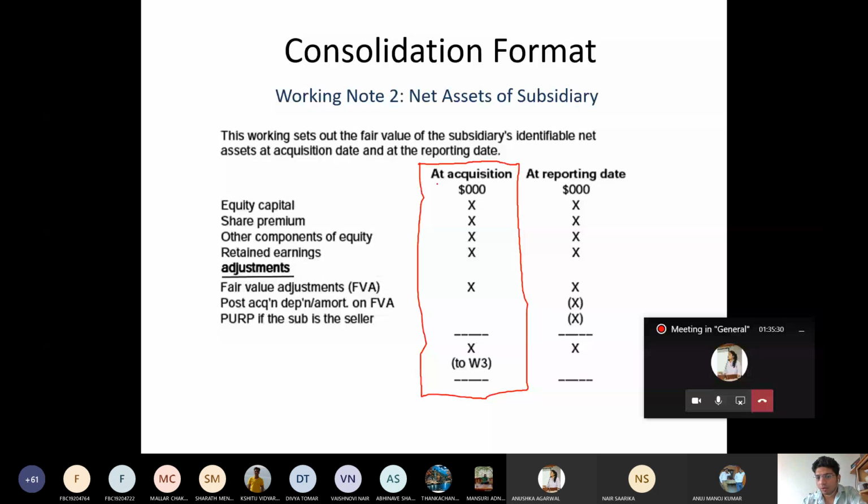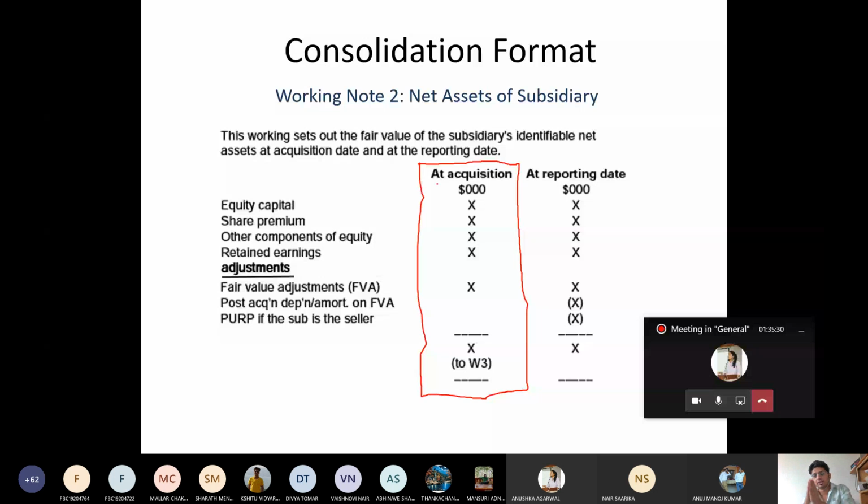Now the difference between these two figures, the valuation of subsidiary company at reporting date and valuation of subsidiary company at acquisition date, will give me the post-acquisition profits or losses of the company.